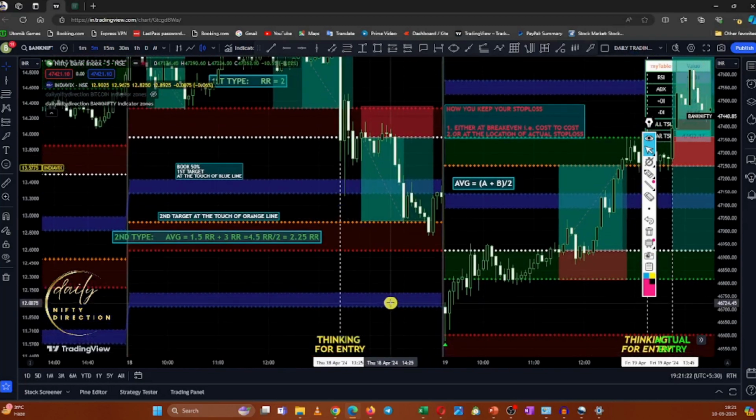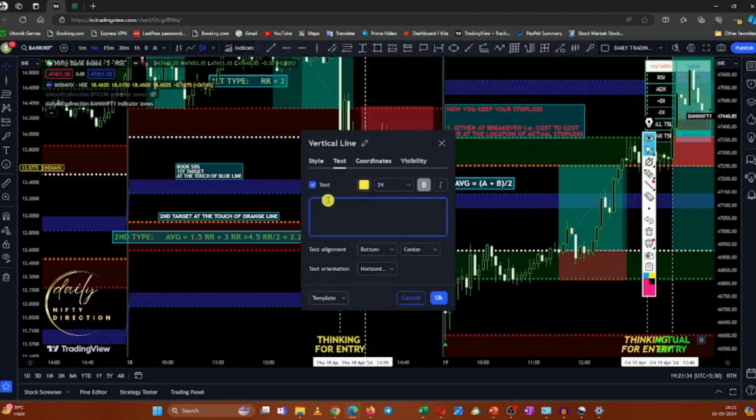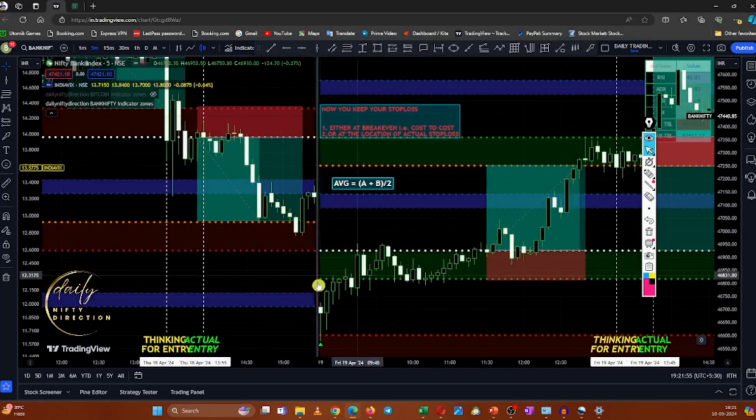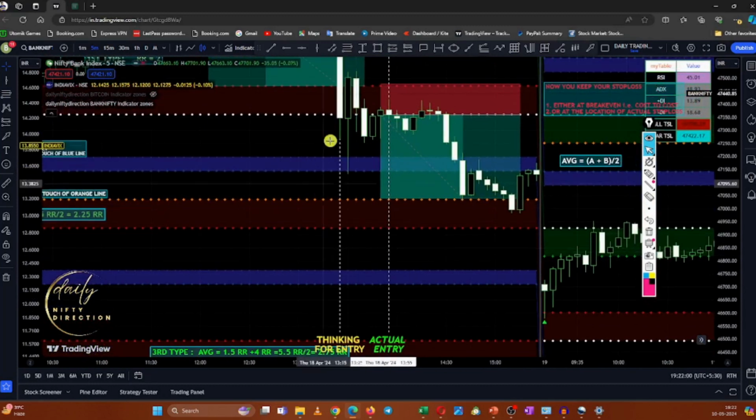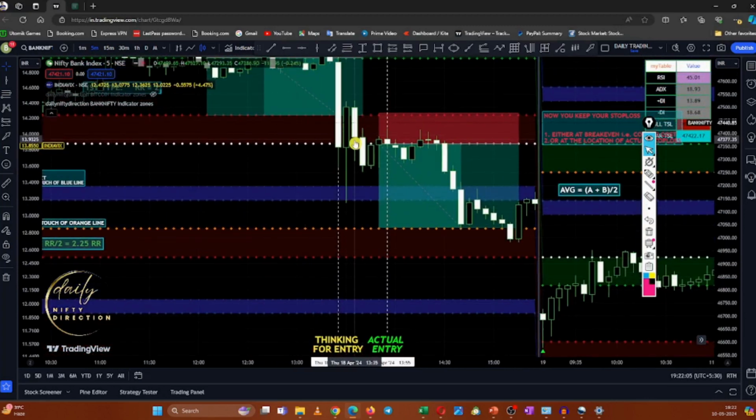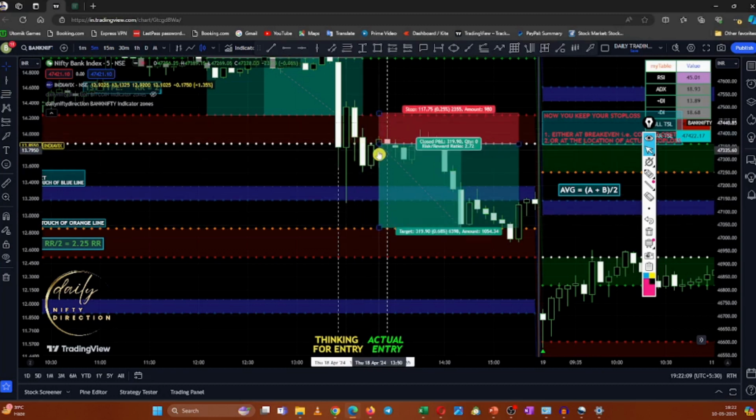Here you were just thinking for taking entry, but you took the actual entry here. Here you were thinking for entry, but you waited for the retest to happen and took entry on this candle.